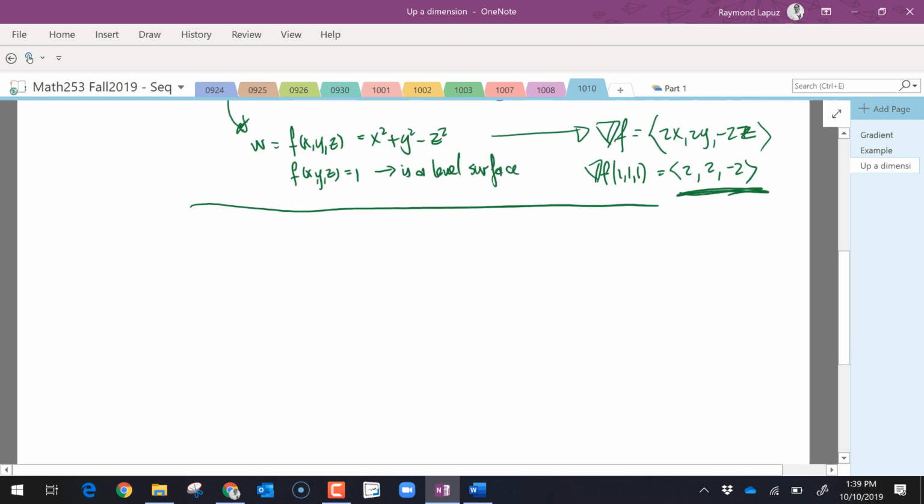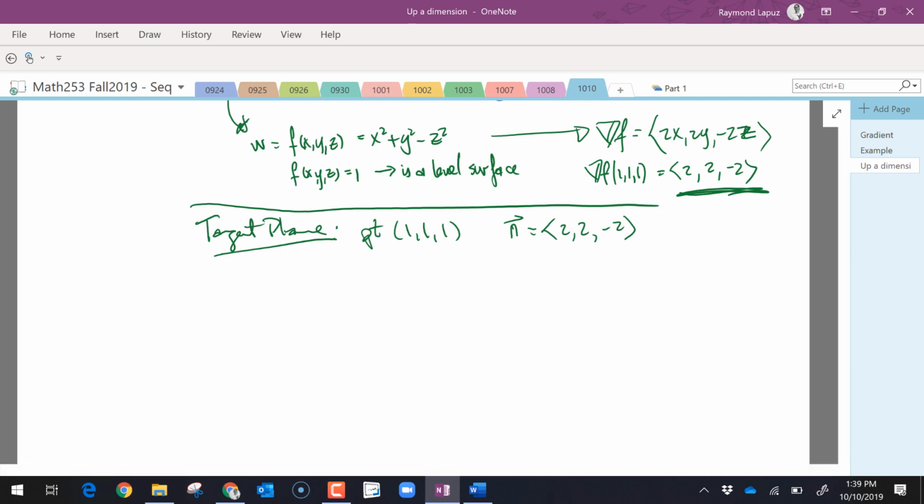What do I need for an equation of a plane? Two things I need. Point and normal, right? I have a point. I have a normal vector.